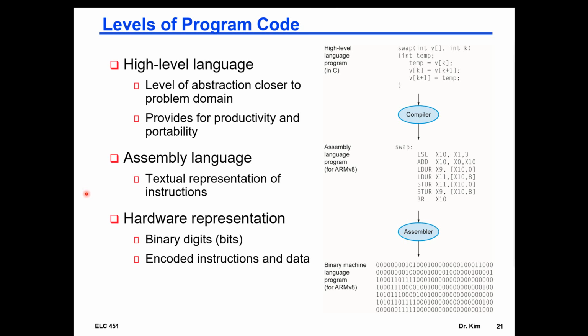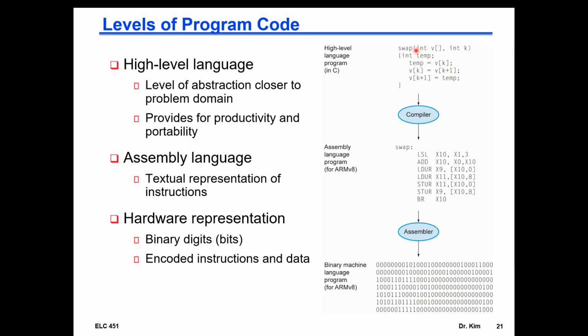So this is a nice example because it shows a segment of a high-level language, specifically in C. So let's say that you have a function. Now this function is called swap, and what it's doing is swapping two members of an array.